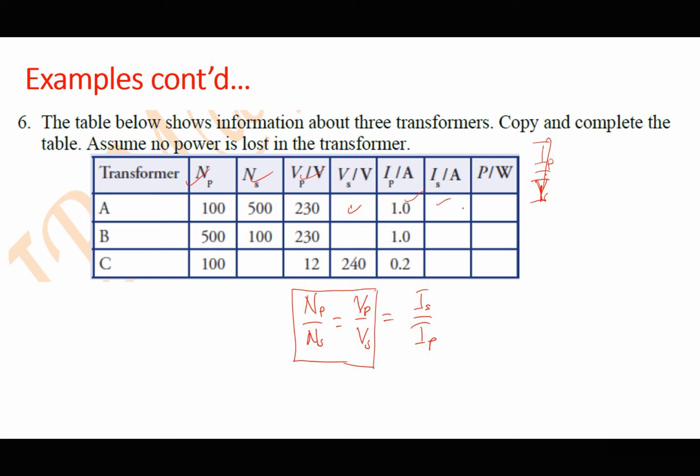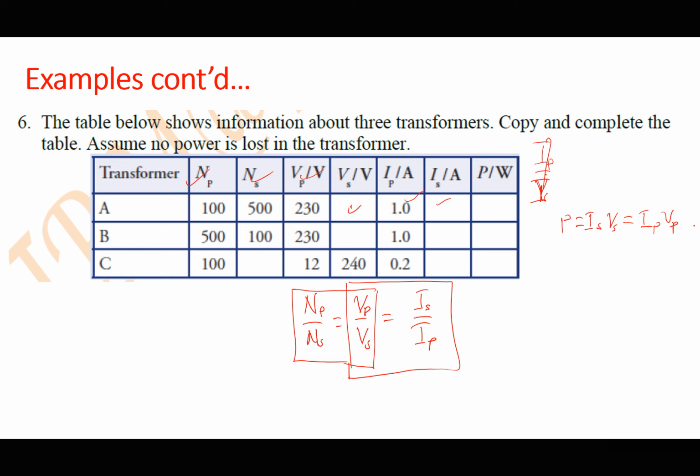You want the current in the secondary, you can now take this and find it. Then for the power, you can just multiply I in the secondary times V in the secondary, which is the same as I in the primary times V in the primary, because this is an ideal transformer.